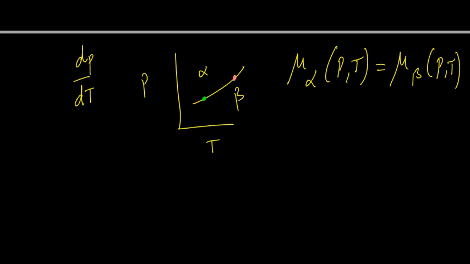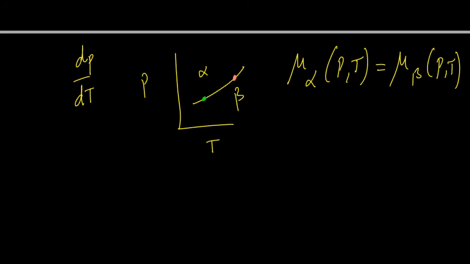And if I slightly change this mu so that I still lie on this line, if I slightly change the pressure and temperature to another value, P prime and T prime, let's say, at that point also mu of alpha would be equal to mu of beta, as long as I am on this line.